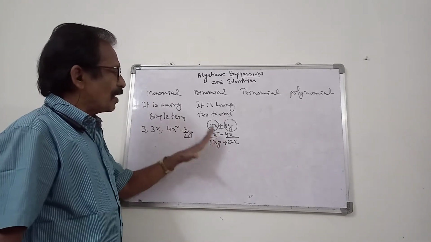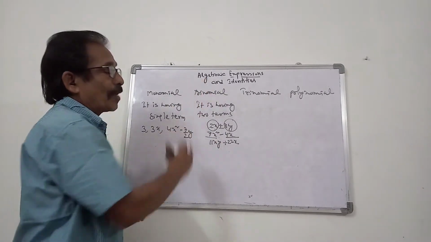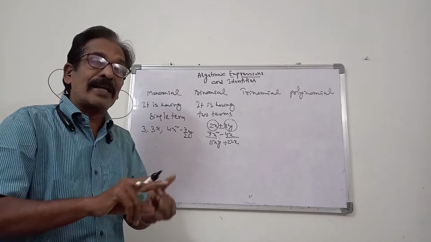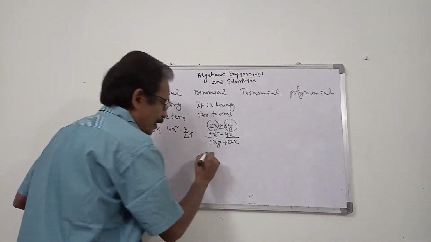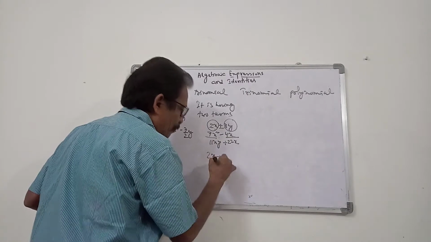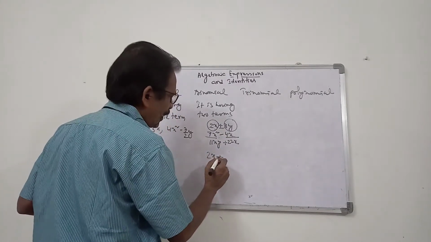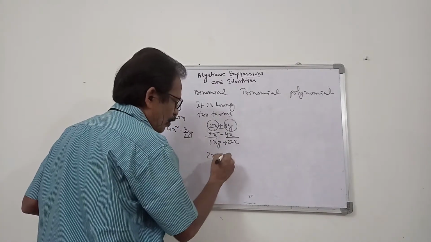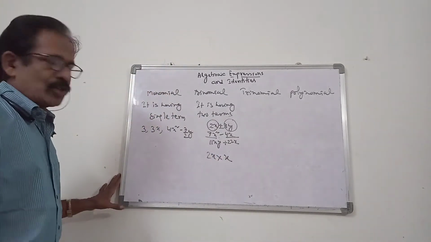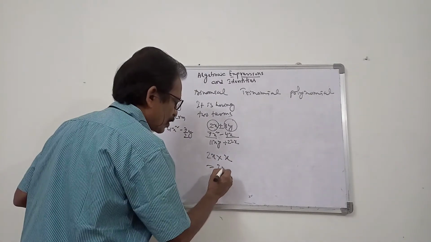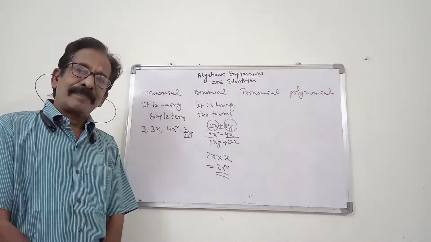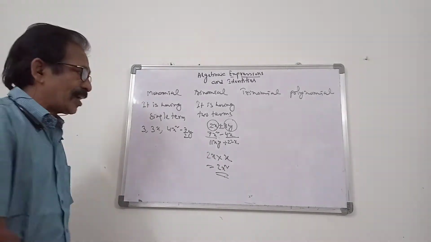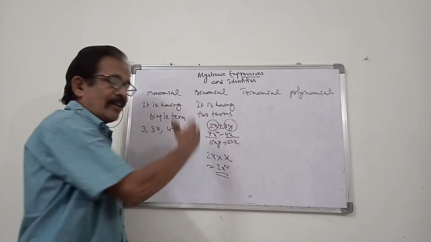So when you add or subtract monomials, you get a binomial. But when you multiply or divide, you won't get a binomial. For example, if 2x is multiplied by another x, you get 2x square. It is a monomial, not a binomial, because the terms are not separated by a positive or negative sign.